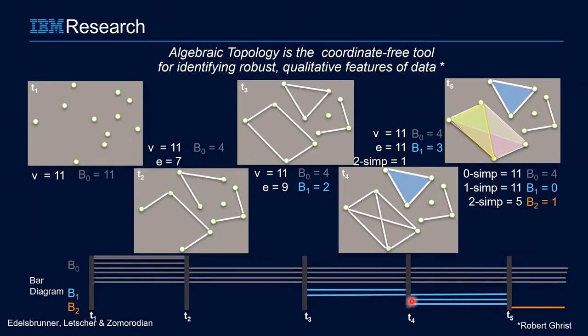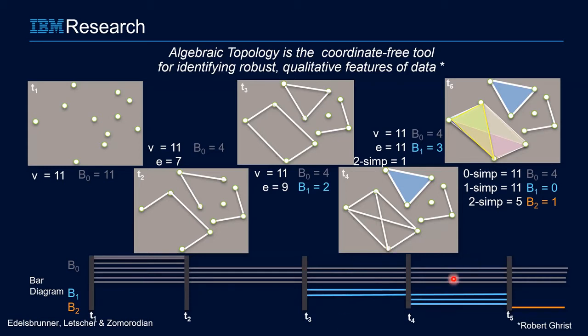There's a little bit of detail here because one of them vanished. One was born and it died here, because this was the hole that was born here and died here, so you don't see that bar anymore. Instead, one of the bars continues and you have 2 more bars here, and this 3 continues. So you have 3 bars here because B1 is 3. And B2 is 1, born here and continues till the end of time.